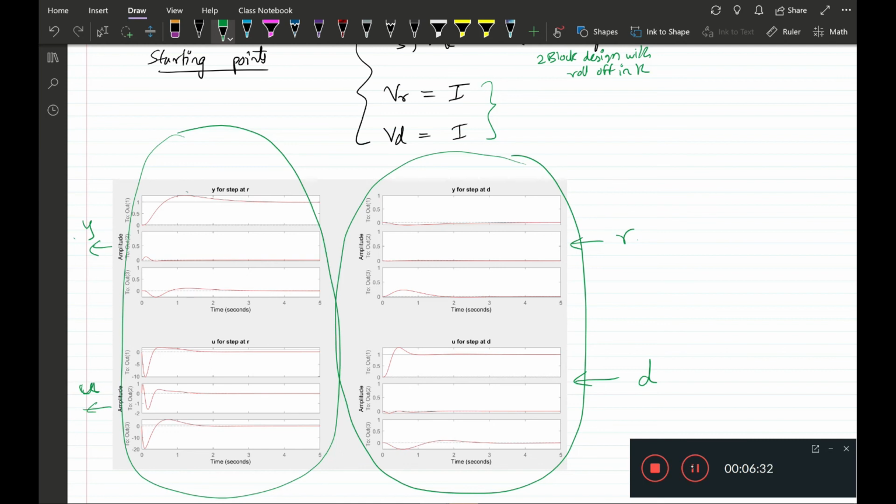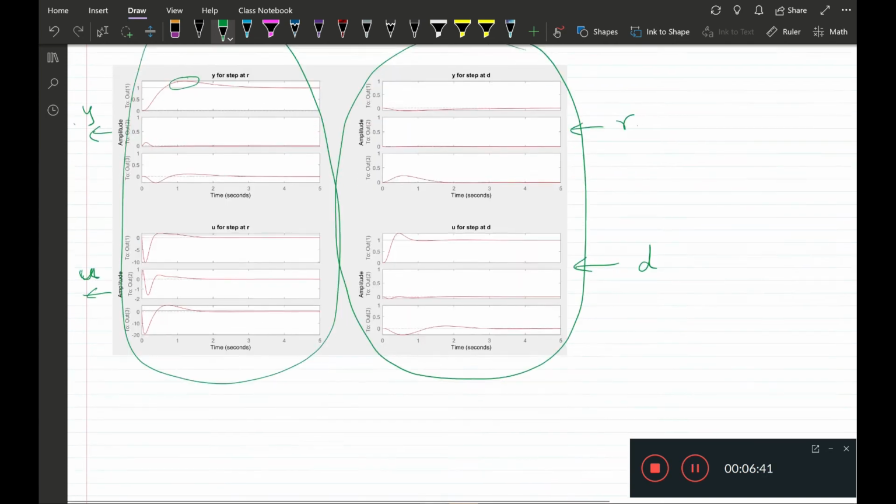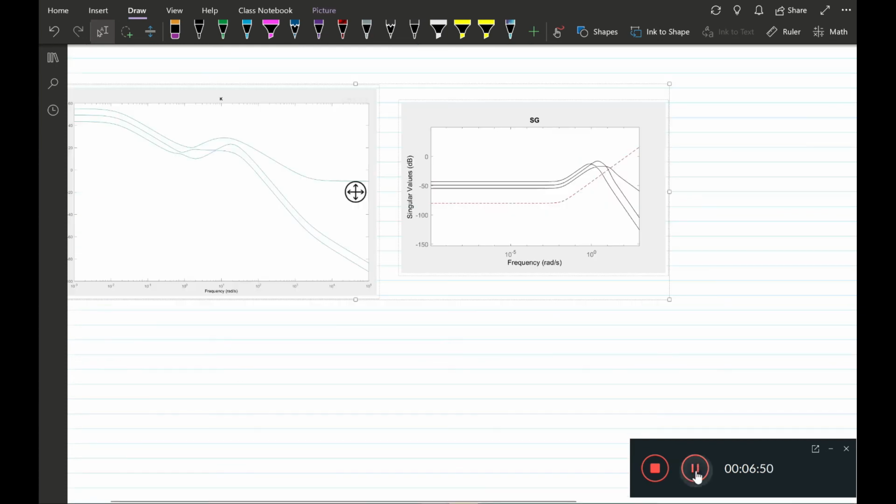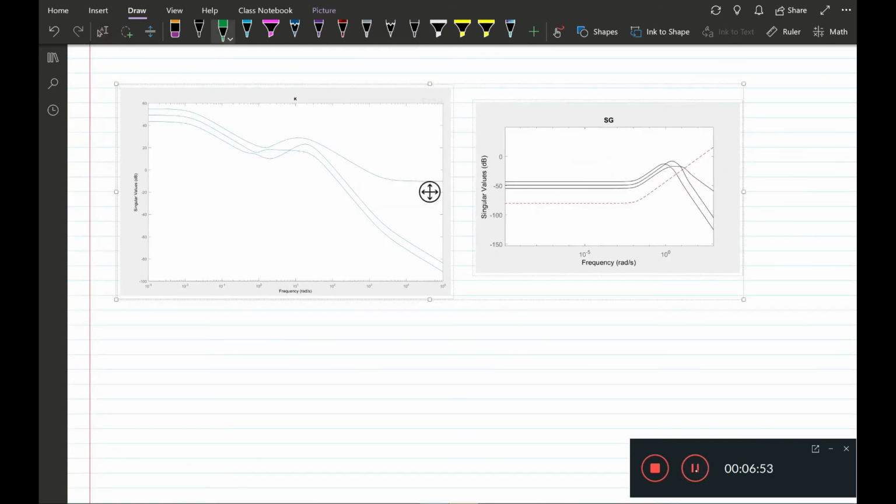We do now have a slightly poorer performance in tracking as compared to the one before, and that's because we do not have this pole zero cancellation that we saw, which led to oscillations in D, and this is the trade-off. So here you see the sigma plots of K, and you don't see the notch anymore at 0.182, which is somewhere here.